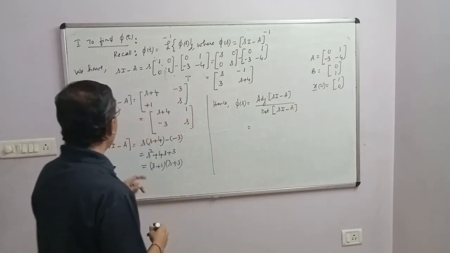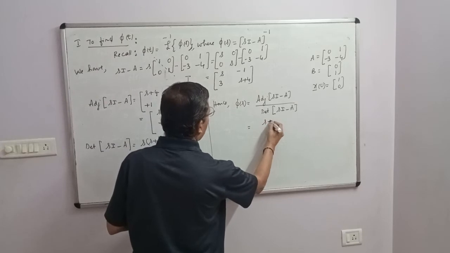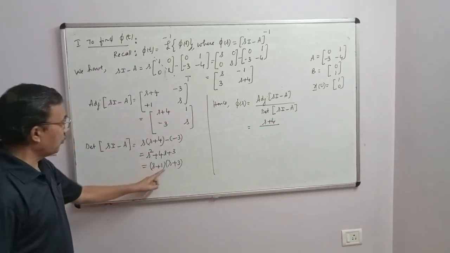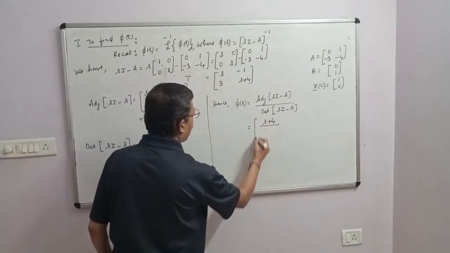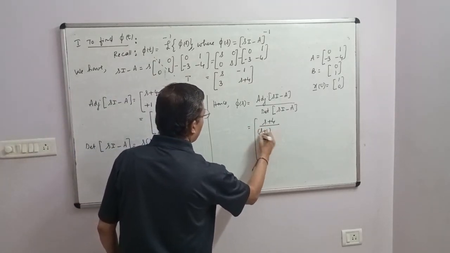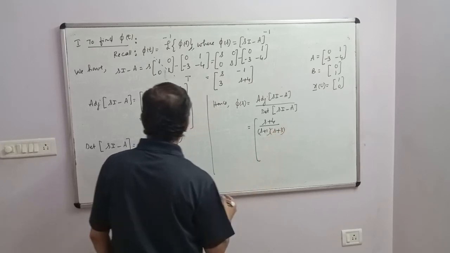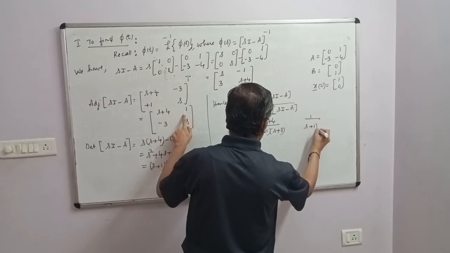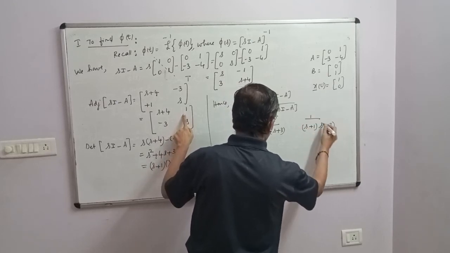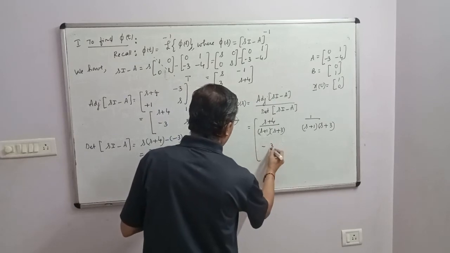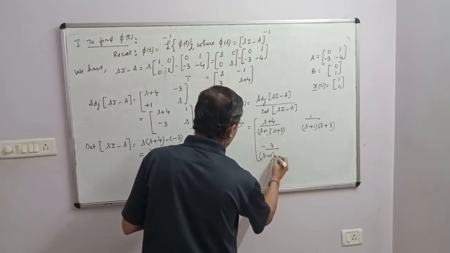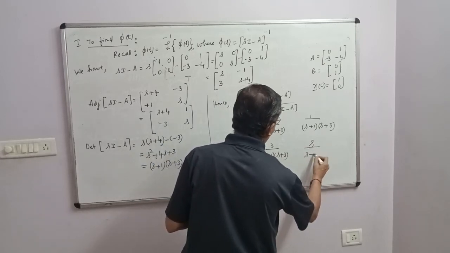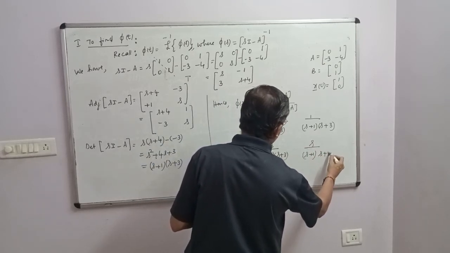What is the adjoint? Adjoint is this matrix. So it is s plus 4. Divide each element of this matrix by s plus 1 into s plus 3. That will give you phi of s. s plus 4 over s plus 1 into s plus 3, 1 divided by s plus 1 into s plus 3, minus 3 divided by s plus 1 into s plus 3, s divided by s plus 1 into s plus 3.